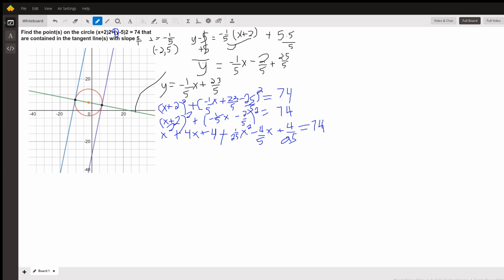So we want to combine our like terms, but once again, we need common denominators. So if I multiply everything here by 25, then what I get is 25x squared and then 4 times 25 is plus 100x. And then 4 times 25 is plus 100.